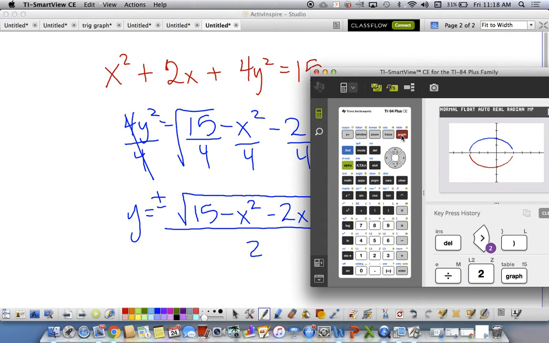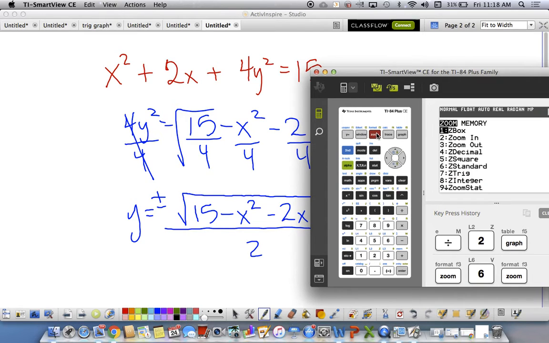Yeah, let me zoom a little different. Ooh, that looks so much better. We were doing trig graphs earlier, and it was on zoom trig. How do you change the zoom again? You just go to zoom, and you can do zoom square. I thought there was a zoom fit.